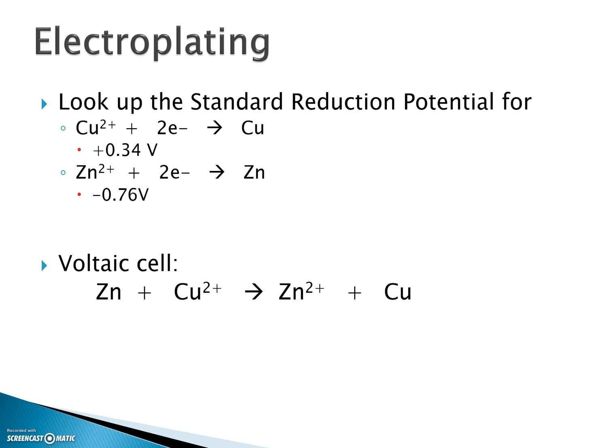So if we were to look at a voltaic cell, which is a spontaneous process, we would have zinc atoms being oxidized to zinc ions and generating electrons, and those electrons are going to be used by the copper ions to reduce them to copper atoms. And that would be a spontaneous process, because if we were to take the reduction potential for the reduction minus the reduction potential for the oxidation, we would get a positive value.